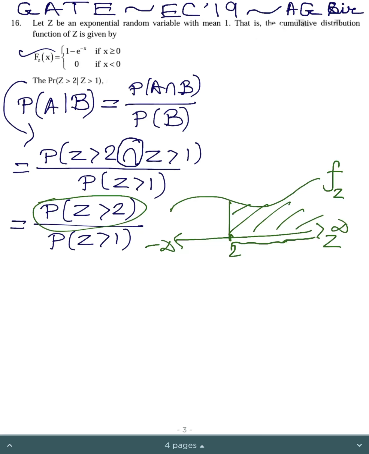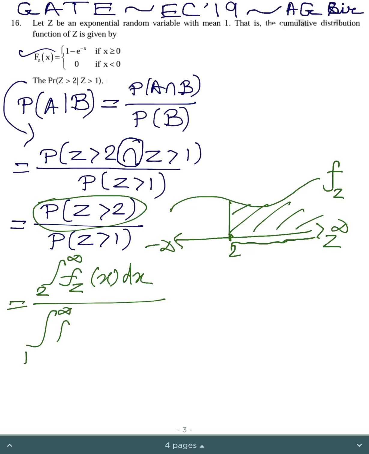Therefore, we have to find the area from 2 to infinity under the probability density function of Z. Similarly, in the denominator, we have to find the area from 1 to infinity under the probability density function of Z, as in the earlier case.